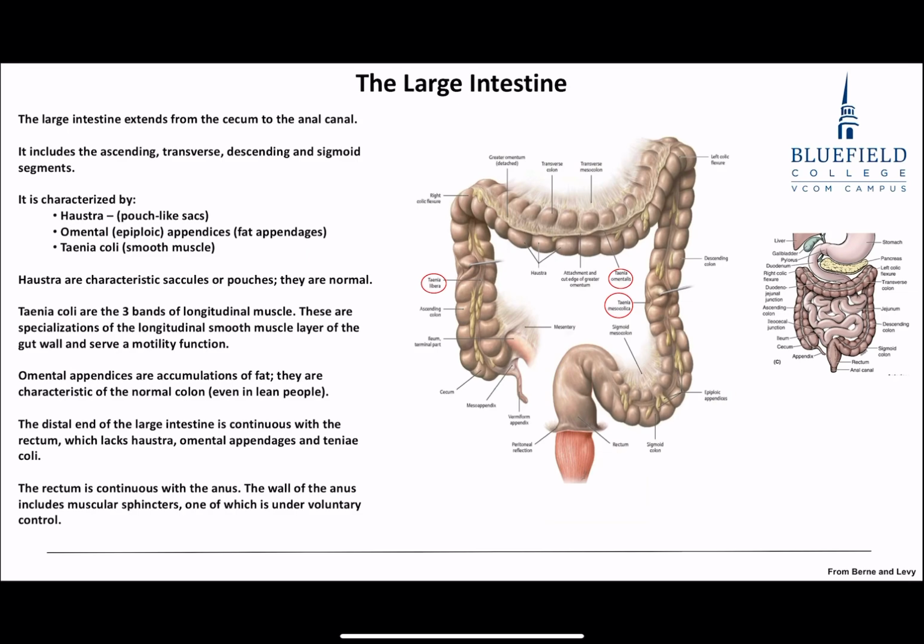You think of the taenia coli as ribbons that aren't quite as long as the large intestine itself. So the taenia coli almost act like elastic bands that cause the large intestine to fold up or shorten by forming these little haustra. Does that make any sense? So the taenia coli are shorter than the intestine, and in order to cover the entire length of the intestine, it gets packaged, almost like an accordion.